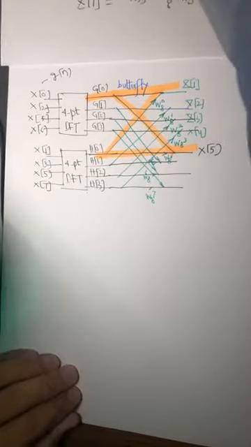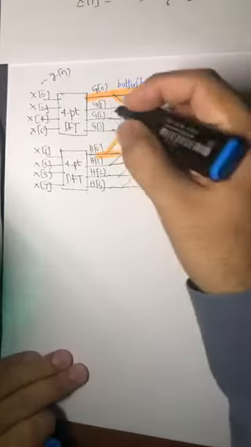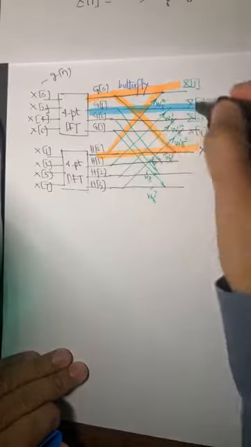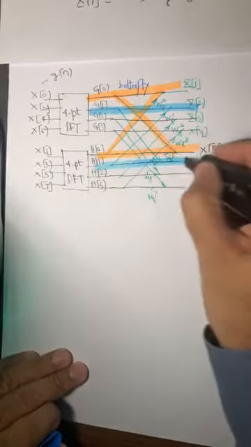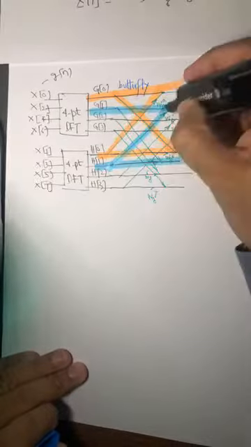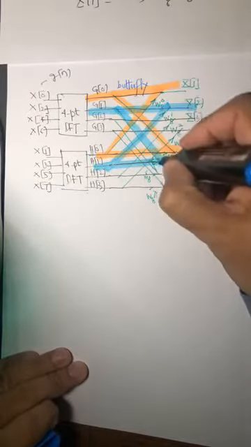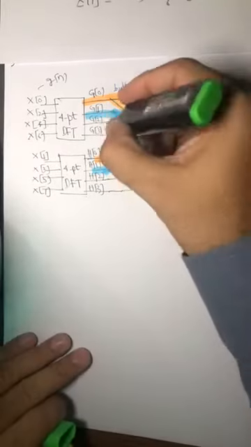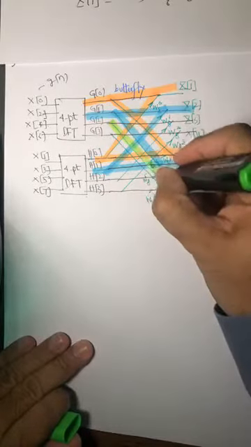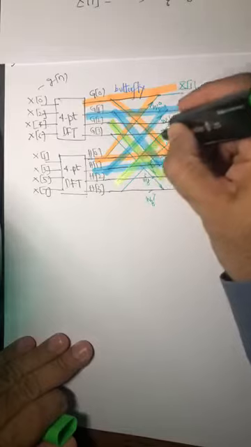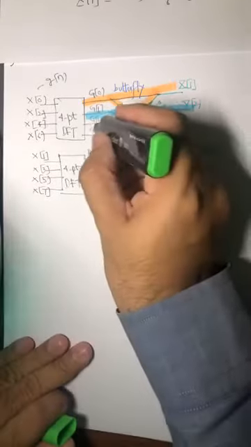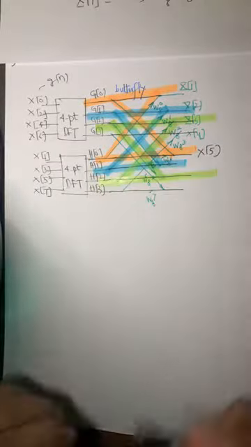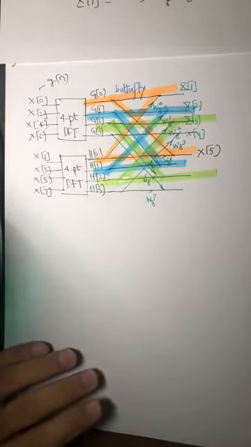So you see 4 butterflies. One is, this is the other butterfly, you see, and then is another butterfly, you see here, and you see I have another color.